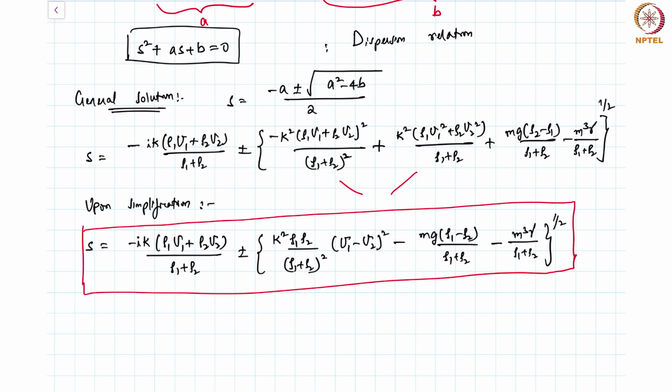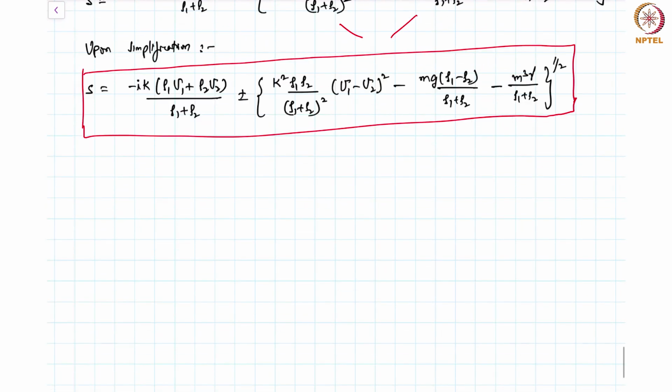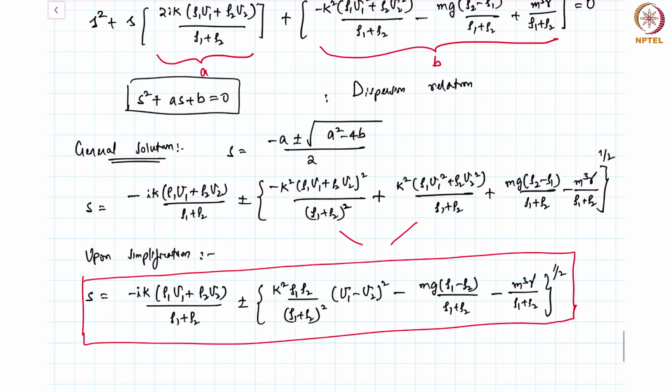Well, instead of looking at the full-blown equation, let's look at various special cases, because even though the expression is very big, we'll get better physical insight if we look at special cases, so that the essential physics is highlighted in those cases. So let me again write it down. So what we have is a quadratic equation, s square plus as plus b.